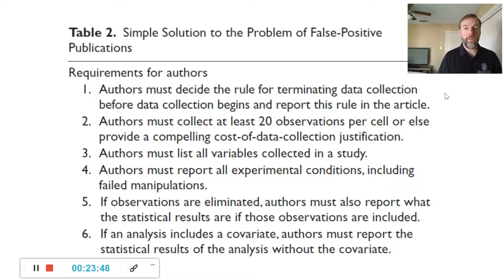Thankfully, the authors don't just bring up this issue, but they suggest some solutions. And all of them kind of come down to being transparent with your researcher degrees of freedom. So the ultimate solution, if you will, would be to only do a pre-registered study. With pre-registered studies, basically you submit your intro and your method, and you say, this is what we're going to do.